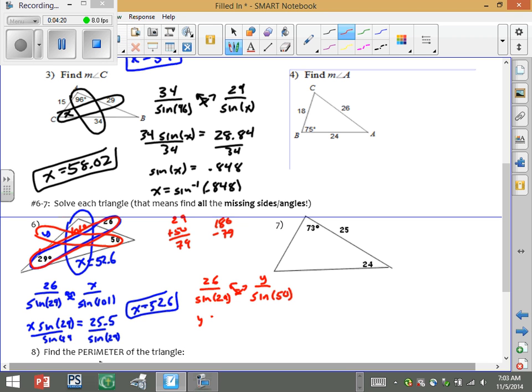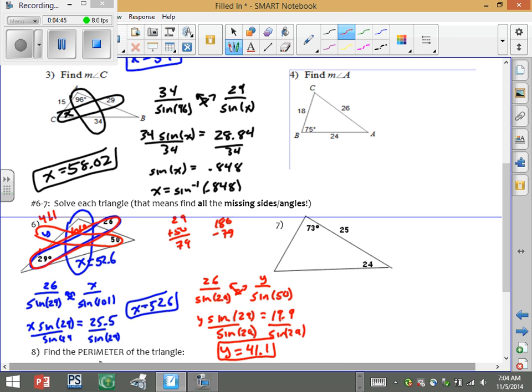So we have y times the sine of 29 equals 26 sine of 50, which is 19.9. Divide both sides by sine of 29, and that means y equals 41.1.